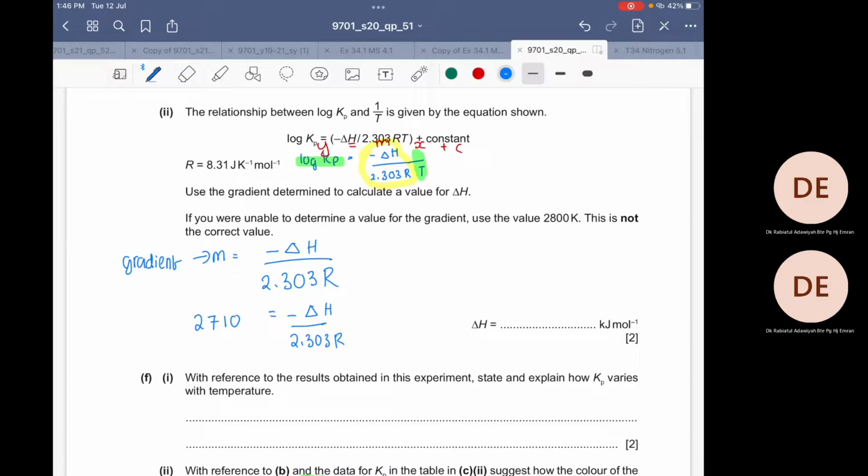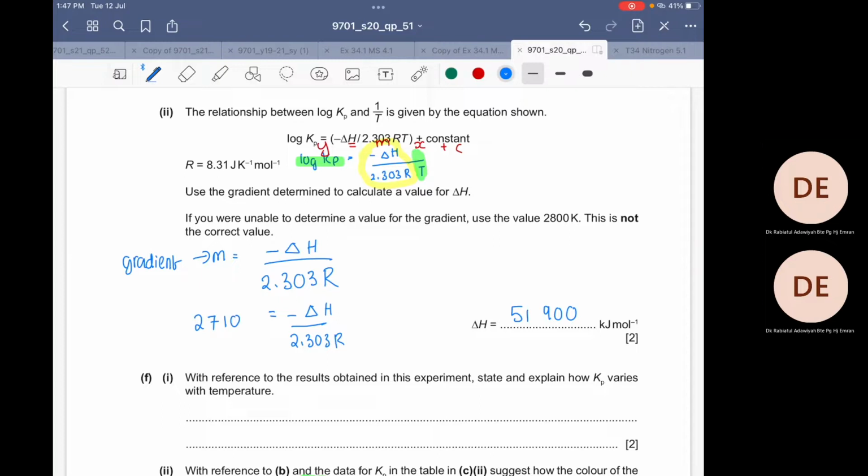Calculate a value for delta H, okay? It doesn't say to how many significant figures. We will take 3 significant figures. 51,900, my answer. Is that correct? Can you check your answer? 2710 times 2.303 times 8.31.